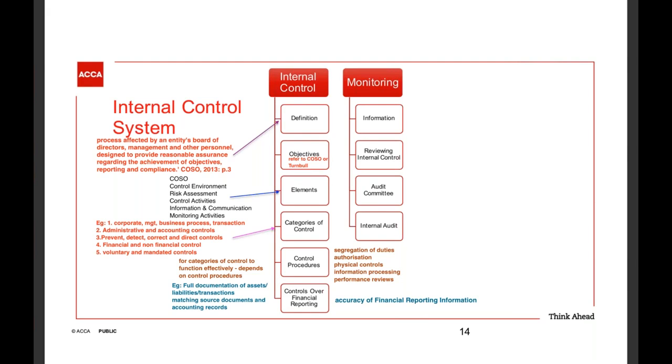Put this in mind. If you are looking into internal control system, basically you are looking into compliance. Compliance to what? Compliance to rules and regulations and compliance to control procedures.